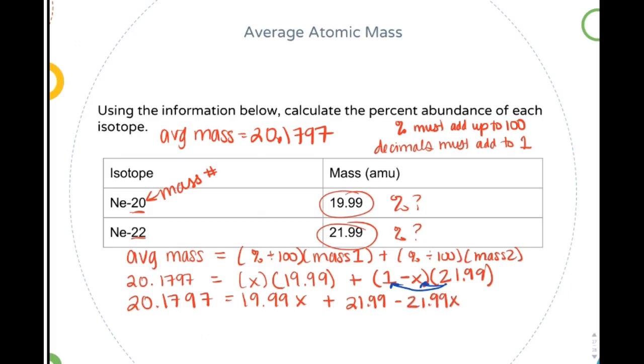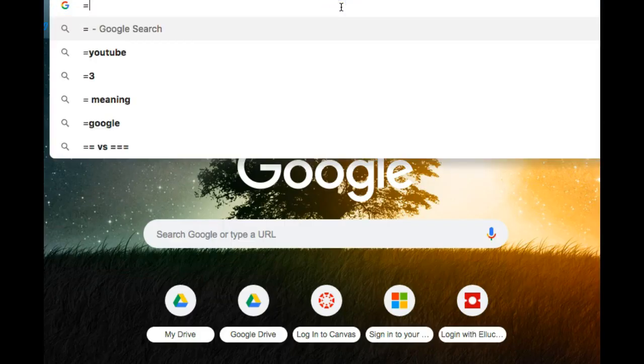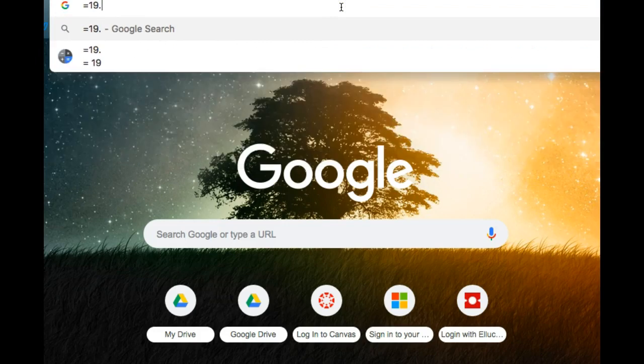Now we can combine like terms, so 19.99 plus 21.99 equals 41.98x. Oh, I added them. Whoops. I should be subtracting them.